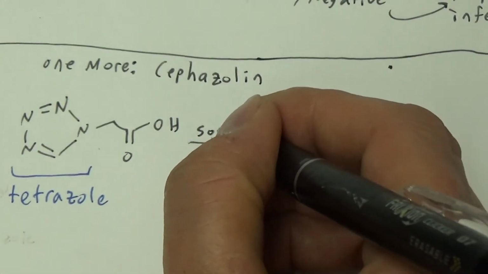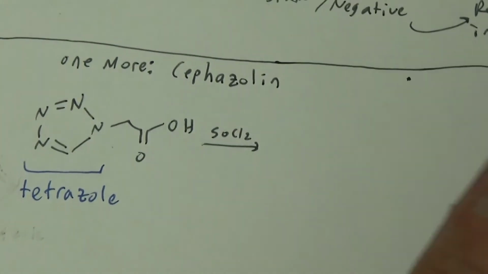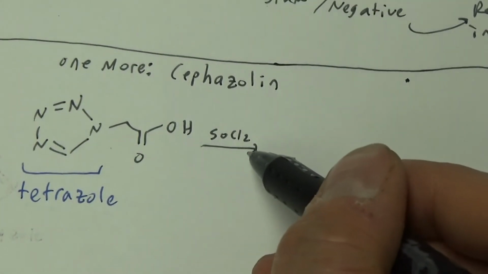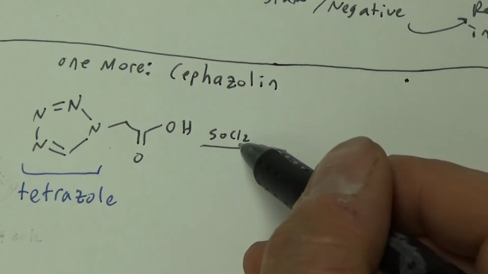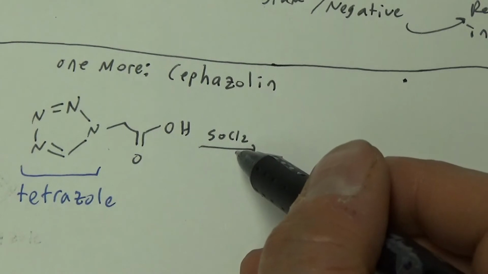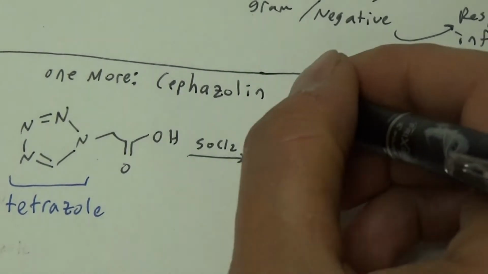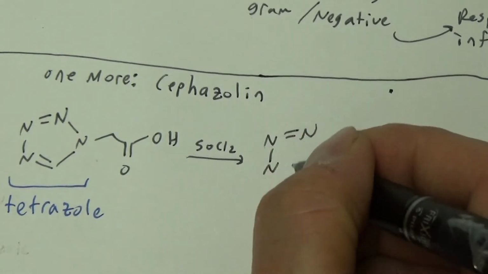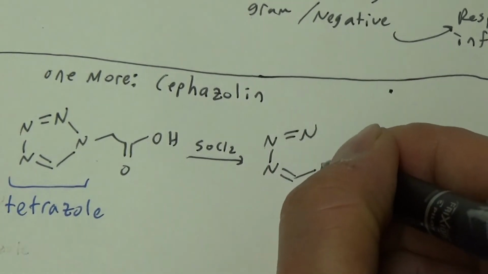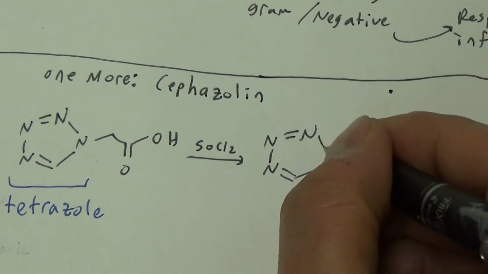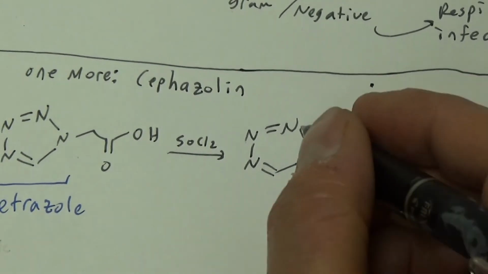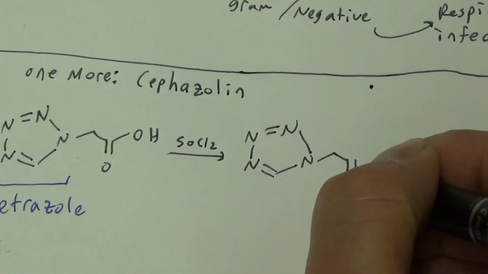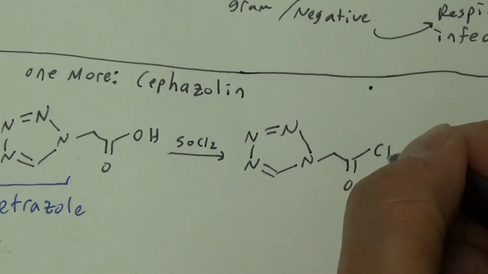SOCl2. What does that do? Again, in the real world, nobody uses SOCl2 really anymore, but this is what you learned in Organic 2. It turns the OH into a something. Converts the OH into a chloride, right?